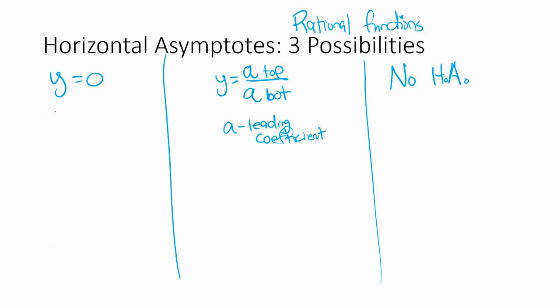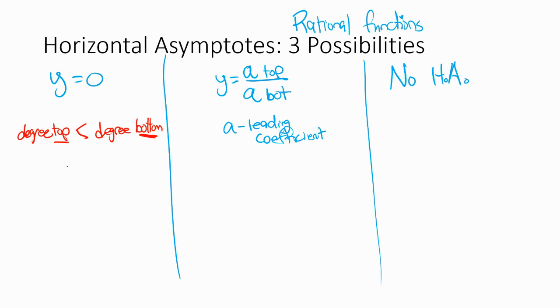Y equals 0 is whenever the degree of the top is less than the degree of the bottom. Now, when I say top and bottom, I mean the numerator and denominator, on either side of the fraction bar.